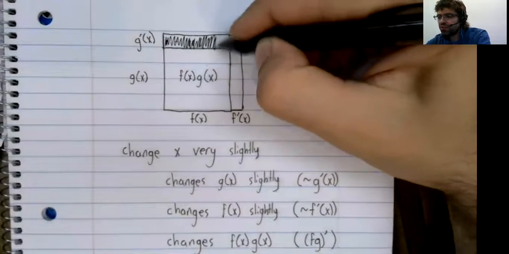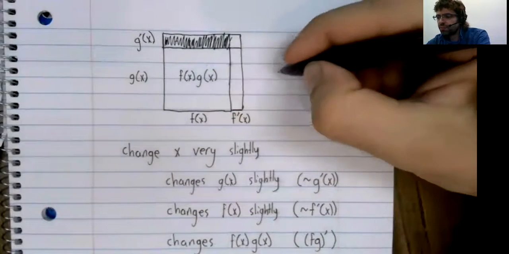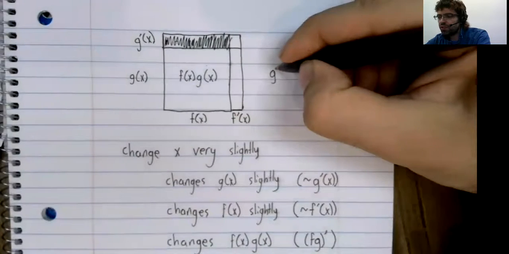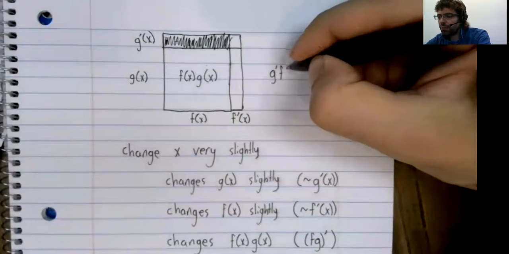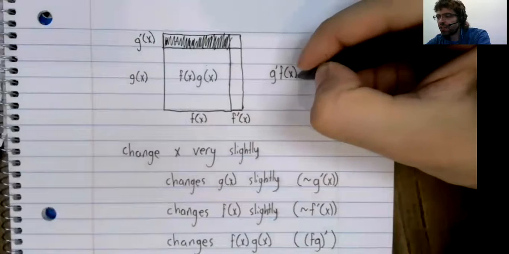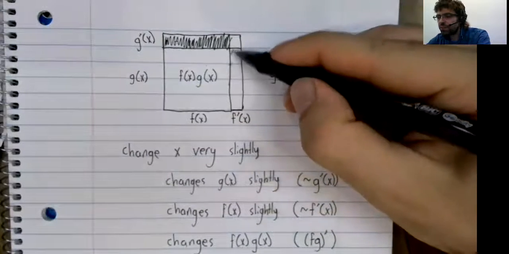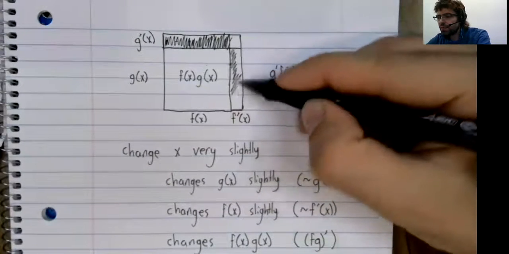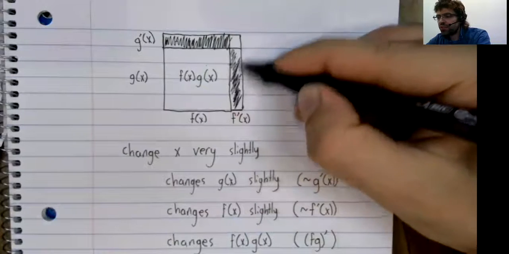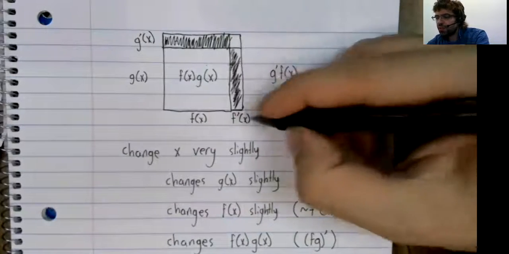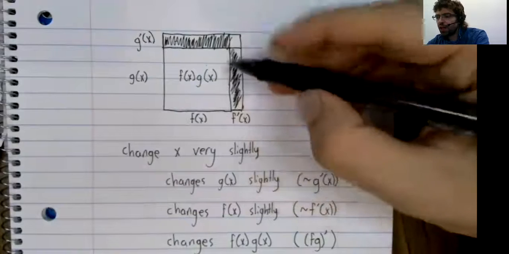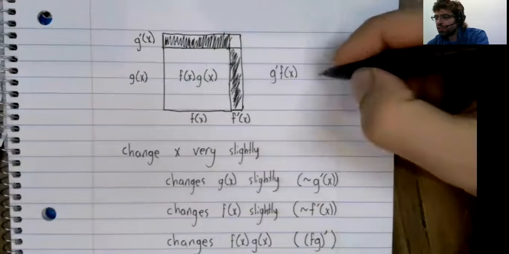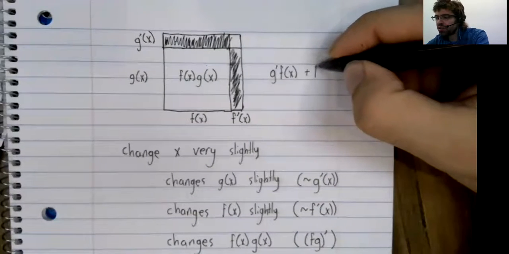And this is g prime times f of x. And this is f prime times g of x.